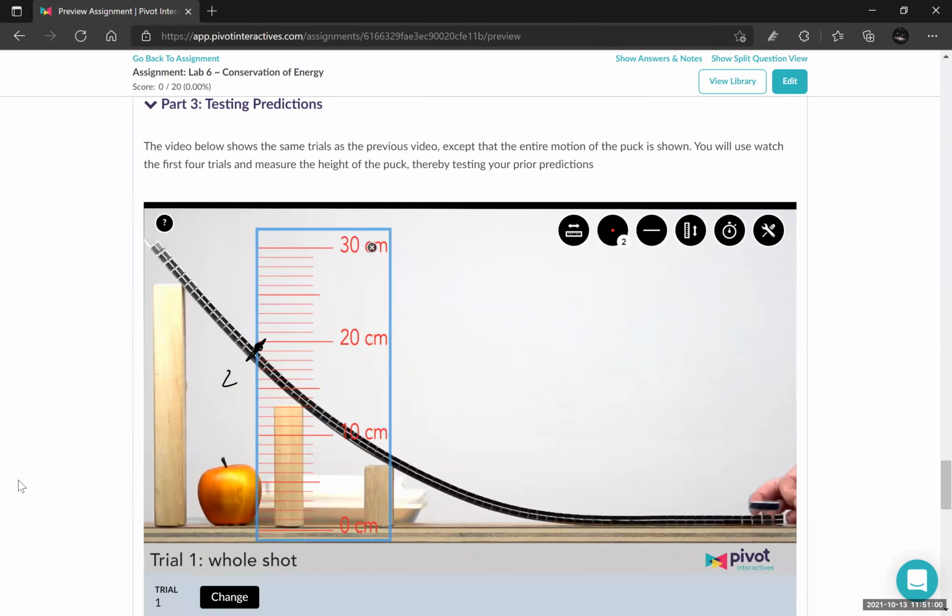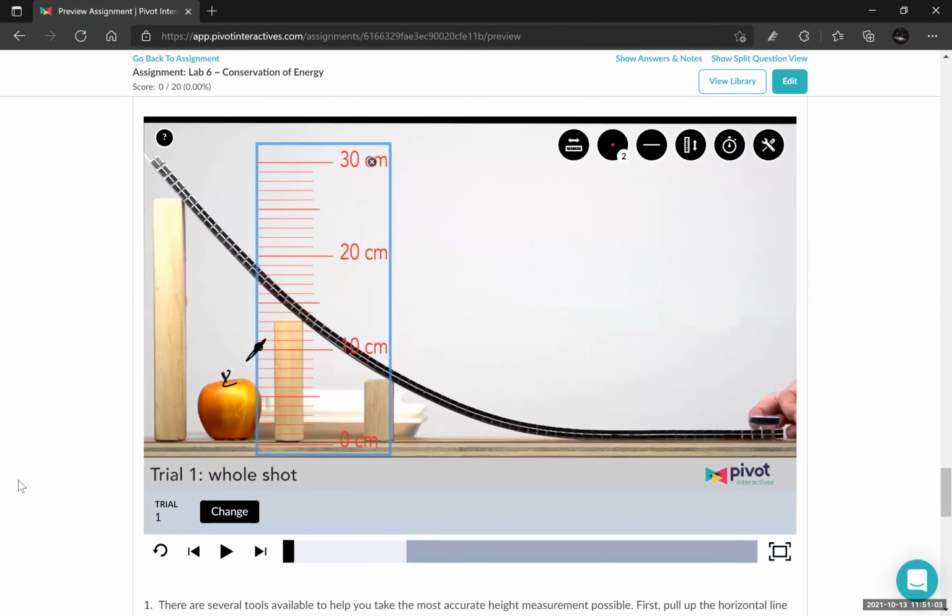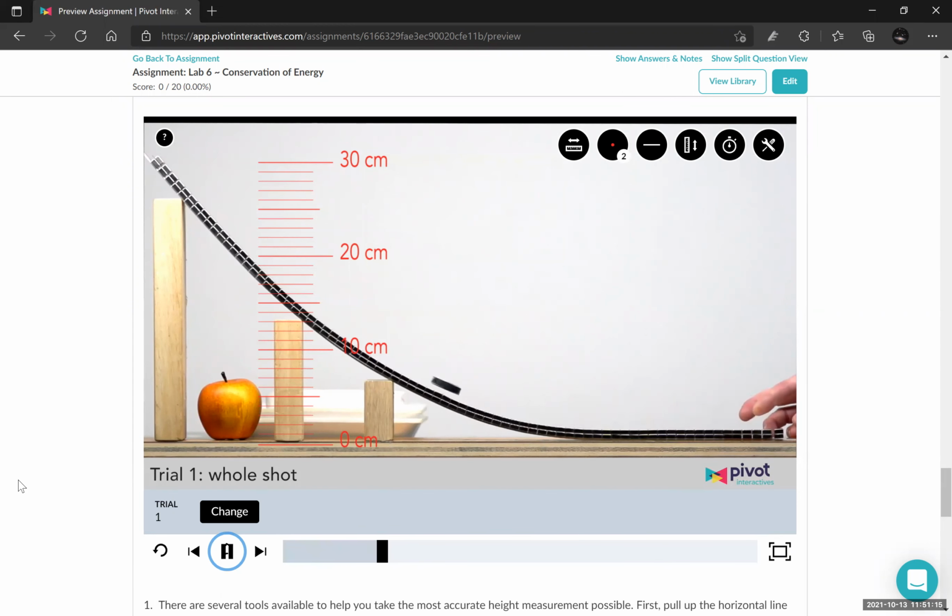All right. I have to scroll up a little bit, but we have the meter stick right next to that, so we should be fine. So if I play the video, we can see, we can check the prediction. Oh, it goes a little bit higher than that, and it comes back.